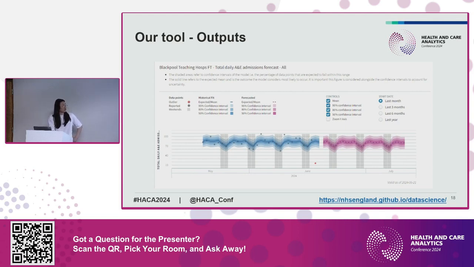The dashed line shows the expected value, and the blue solid line is the expected value for the historical fit. It also shows the specific data points that it's trained on in gray, and then outliers in red. The confidence intervals span from 50% confidence to 80% and 95%.